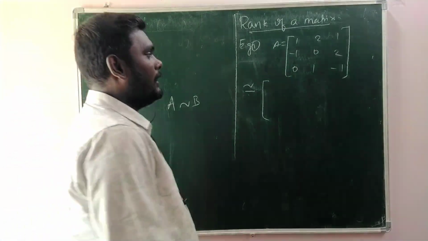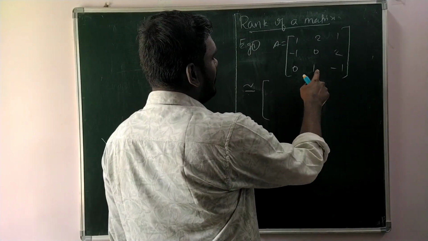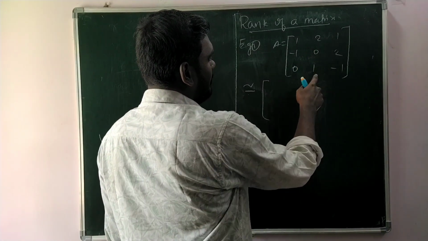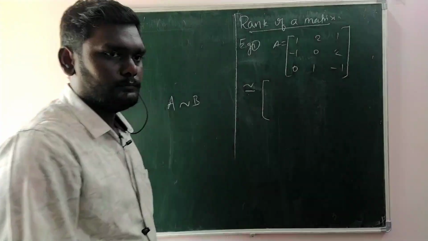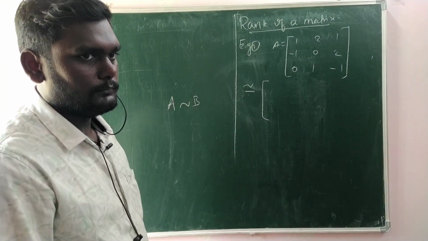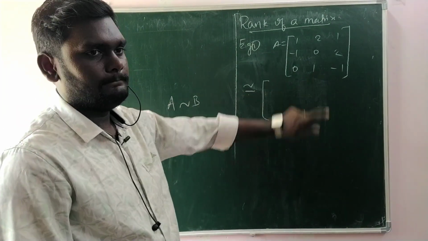Alright. So now try to get 2 zeros here. So this element should become 0. Is it possible to make this 0?